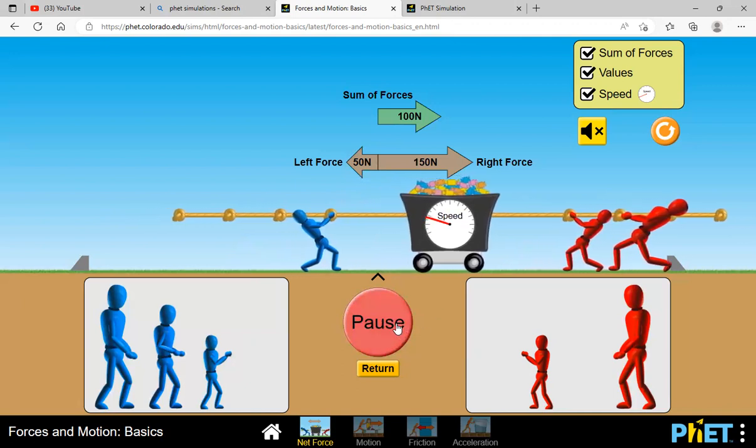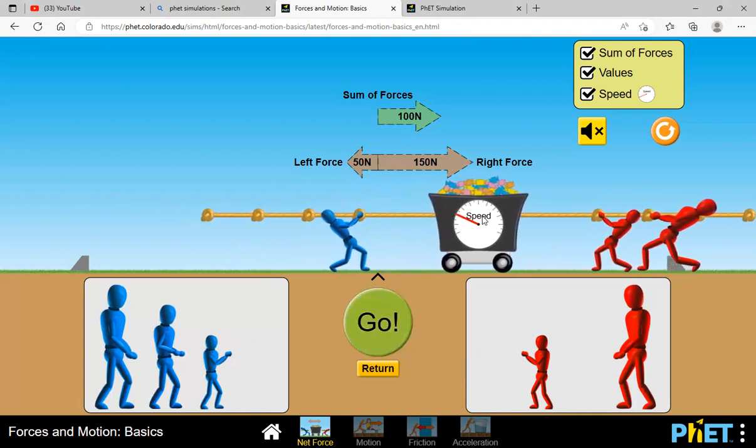Okay, so it moved to the right. Why? Because the sum of the forces that are acting on this cart is equal to 100 Newton, and it is directed to the right. So the forces that are acting on the system are taking it to the right. That's why it moved to the right, and it accelerated in the right direction.